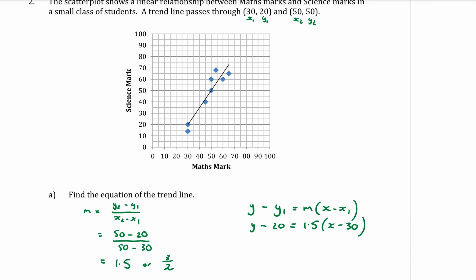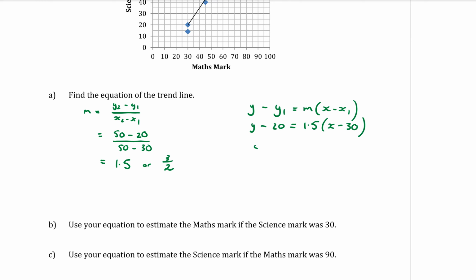Expanding that out, you get y minus 20 equals 1.5x, and 1.5 times minus 30 is minus 45. The last thing to do is to move the minus 20 across so you get y by itself. We want a y equals equation. So y equals 1.5x minus 45 plus that 20 is going to be a minus 25. So that there is the equation of that line of best fit.